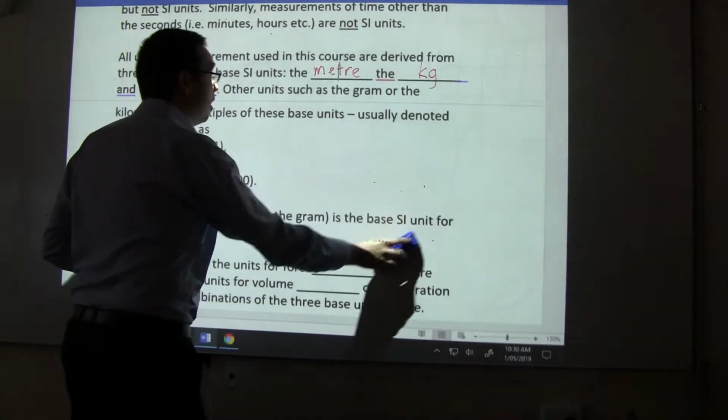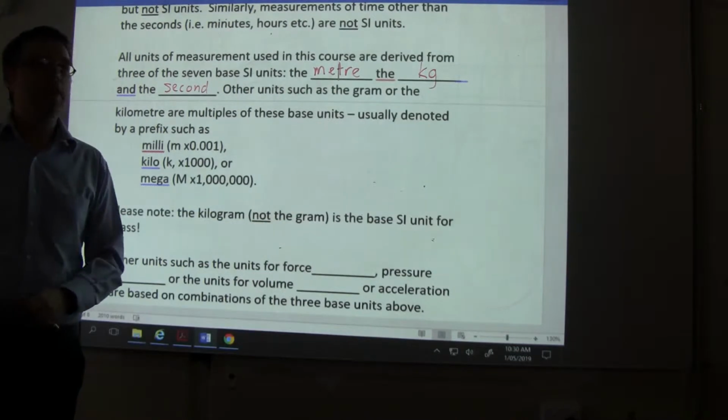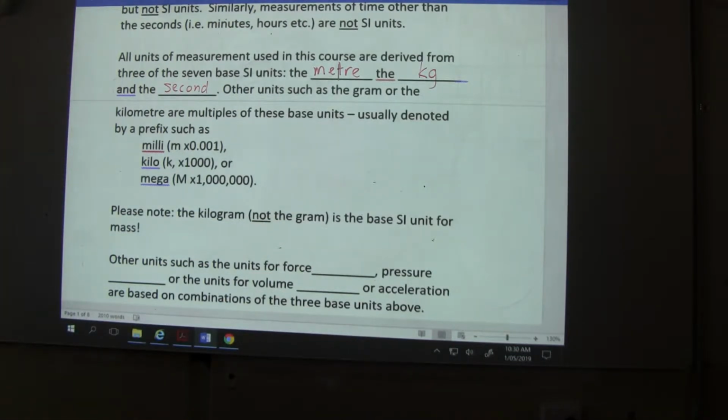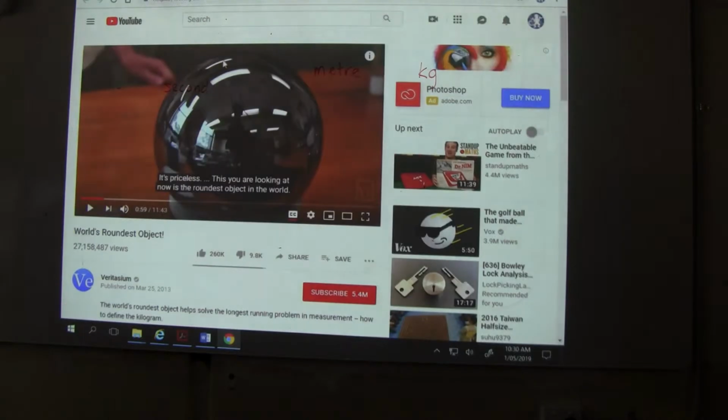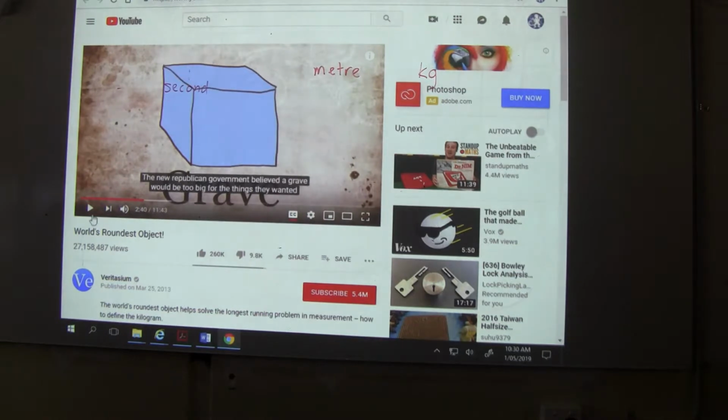Please note the kilogram, not the gram, is the base SI unit for mass. The base SI unit for mass is the kilogram, not the gram. Why? Well, if we go back to this video that I talked about, originally it was called the grav.